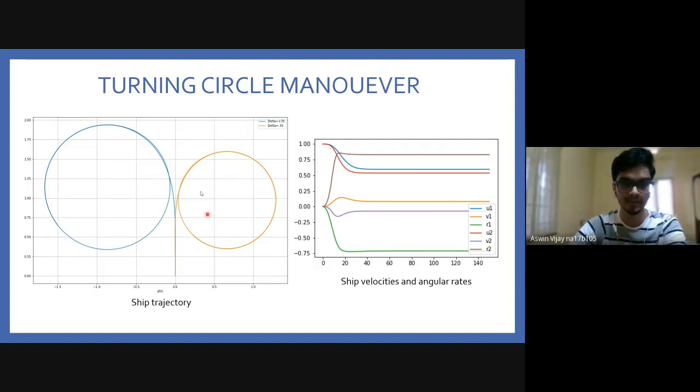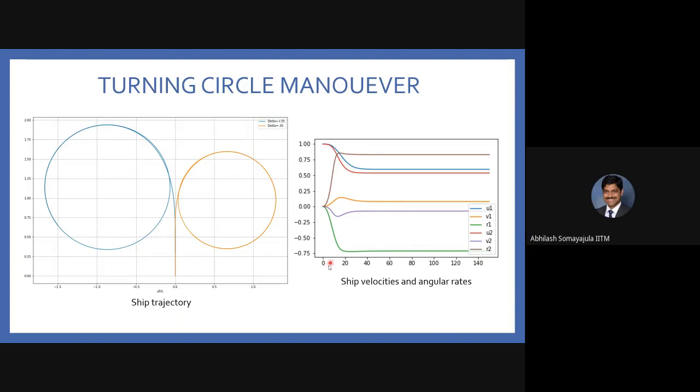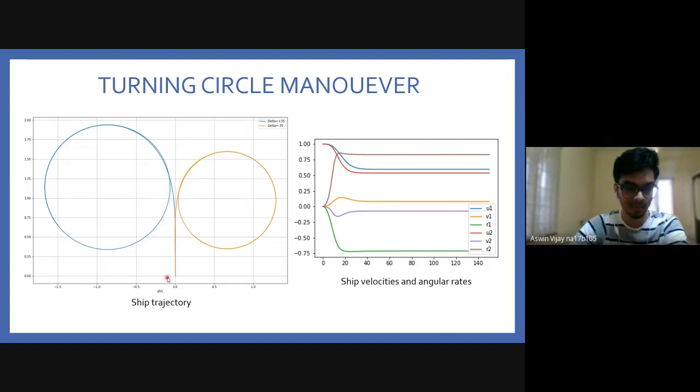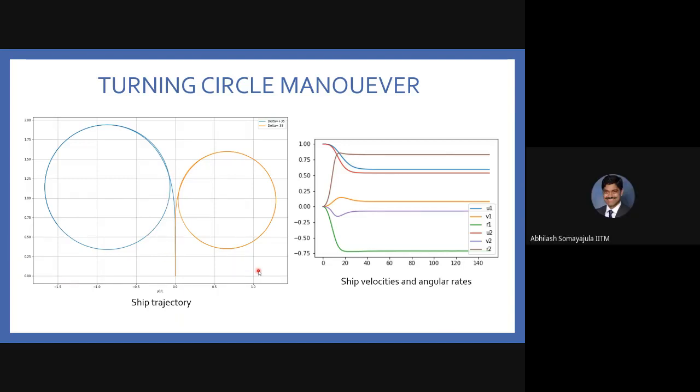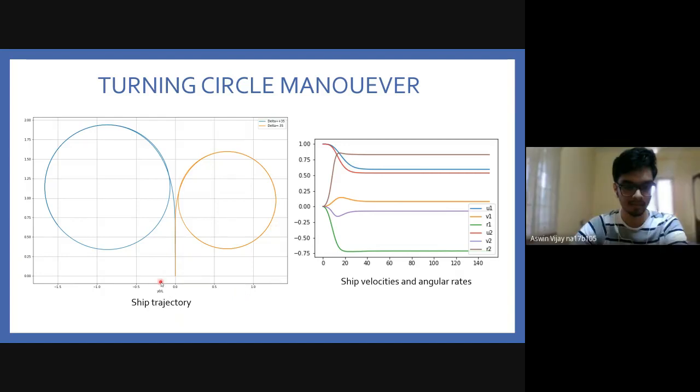This is also non-dimensionalized, y0 by L and x0 by L. How much is the difference in the steady turning diameter or radius? This is approximately something like 1.5, and this is more than 1.5. This is about 2, and this is 1.5. So about 0.5 L.